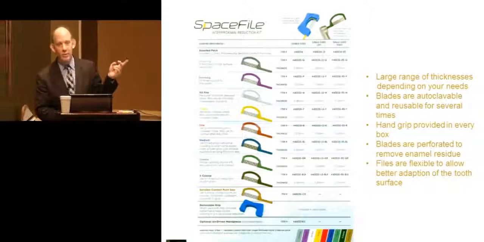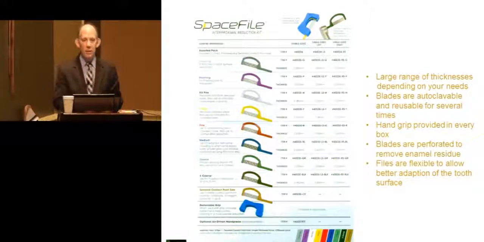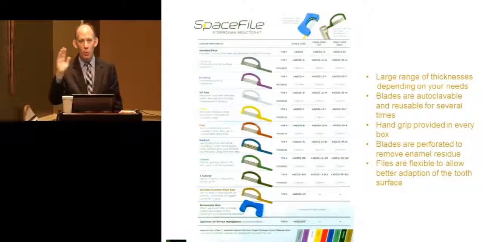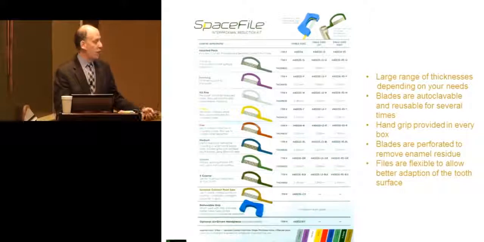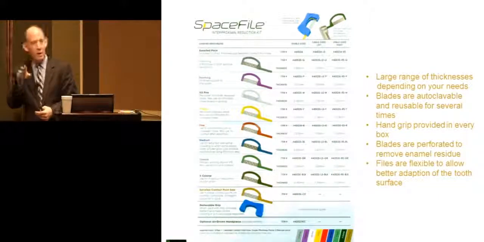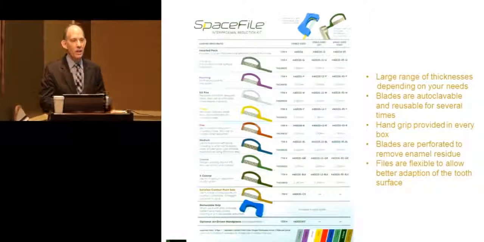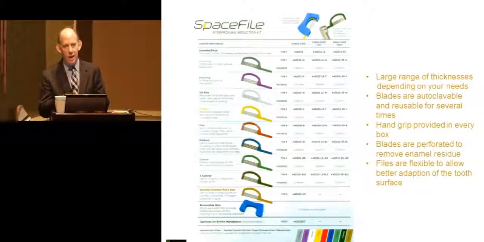This is the diagram that's actually in every box. It will literally tell you the thickness of every single space file: one-sided, two-sided, bicolor. It's a nice little sheet. Just keep it somewhere in the office, or in my case, we just have a tackle box, and we wrote the thickness of the file on the box itself. So I just know what to choose.